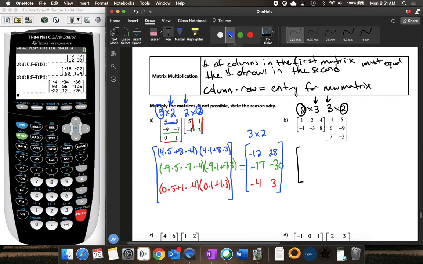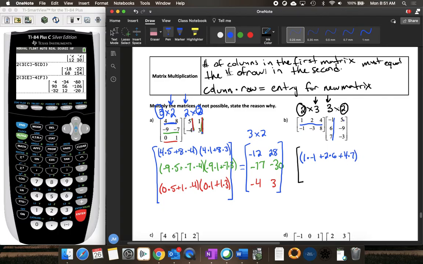All right, so setting this one up, let's first take our first row multiplied by our first column. So that would be taking 1 multiplied by negative 1 plus 2 multiplied by 6 plus 4 multiplied by 7. So you're matching first entry of each, so 1 and negative 1, 2 and 6, 4 and 7.